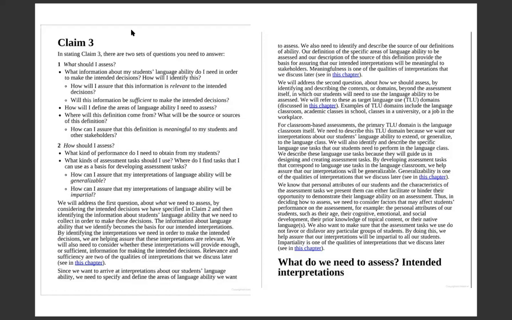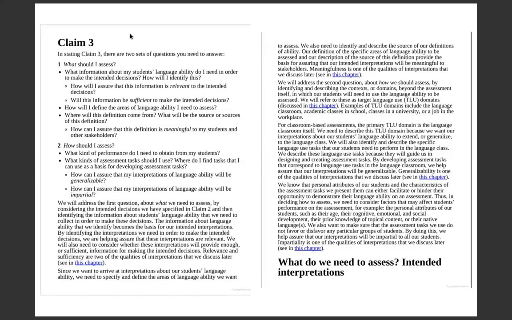For example, if you have a lot of students and you know that some students are better, you can pair them up with the students that are not as good. And so that's a kind of assessment task that they are going to enjoy and benefit from, right? And what about the first question?